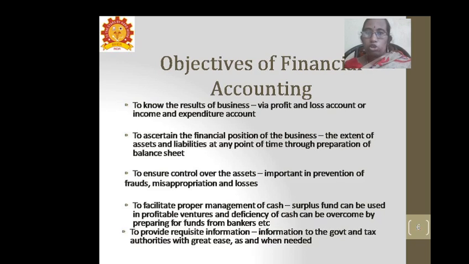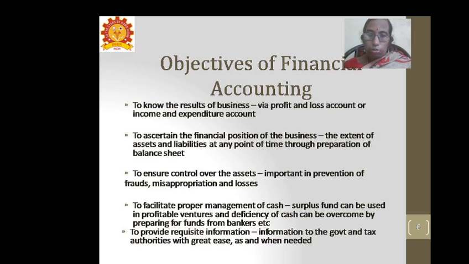They always have to ensure what surplus cash is available for the business, and the proper utilization and management of cash. The other records and expenditures of the business have to be properly recorded, so that in the next set of years they can be properly monitored, so that the burden or the loss can be reduced.